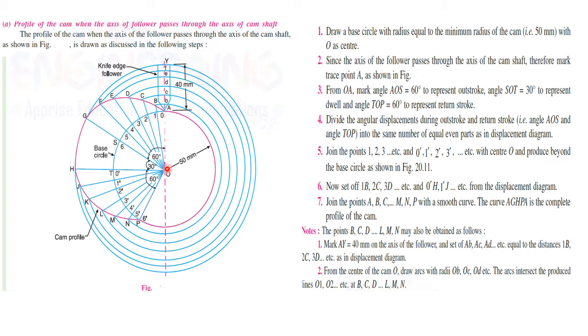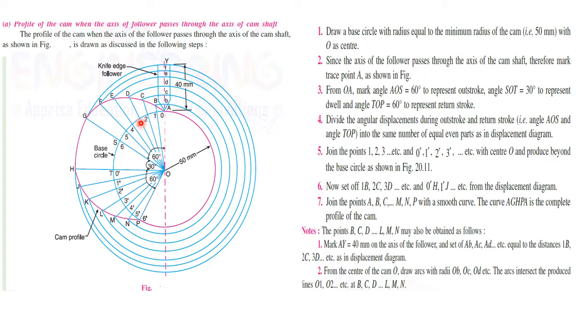Again take a radius O to C, draw a circle. Again take a radius O to D, draw a complete circle. O to E, O to F, and O to Y, draw complete circles.